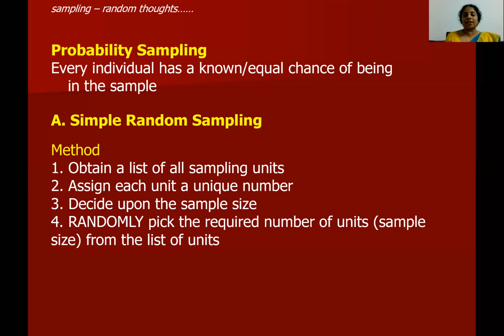That is a serial number. Then based on the sample size, suppose my sample size is 10, like I showed in the first example, I randomly pick up the required number of units from the list of units. You will understand when I show an example.